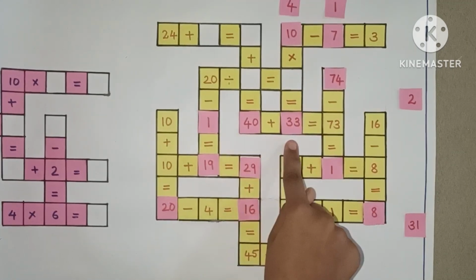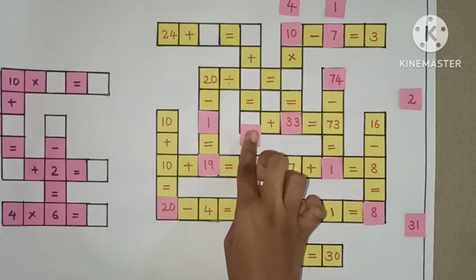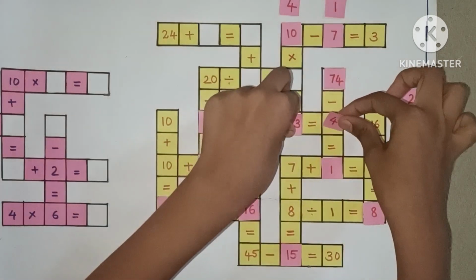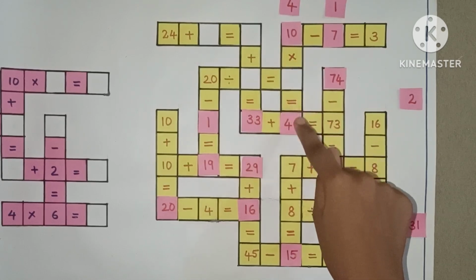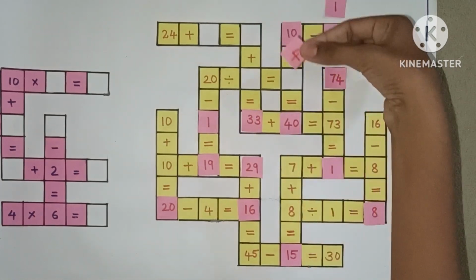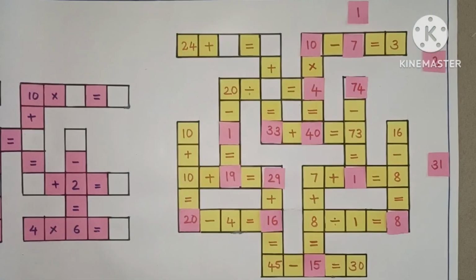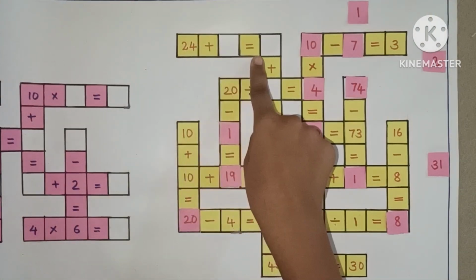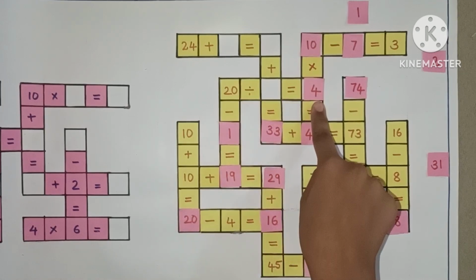So we can change the places of 33 and 40. 33 put here and 40 put here. Now we can put 4 here. So 10 into 4 equal to 40. Then 24 plus dash equal to dash. 20 divided by dash equal to 4.